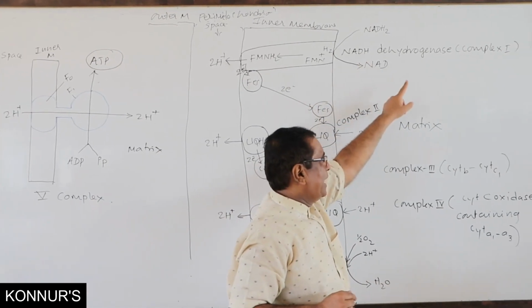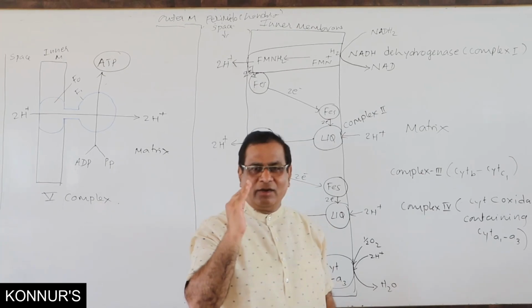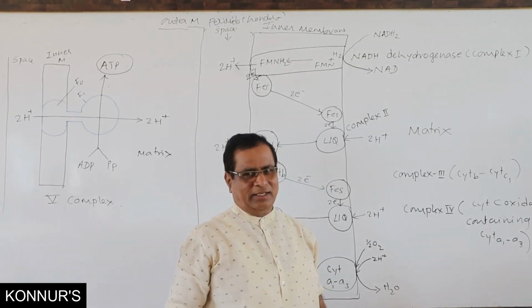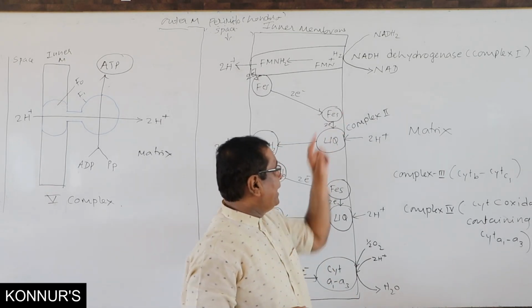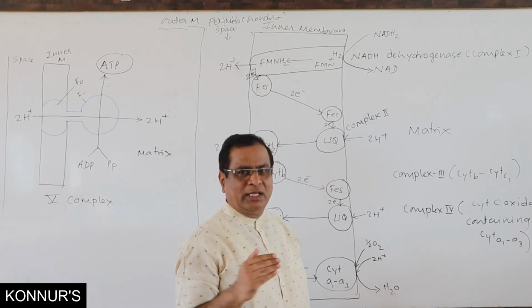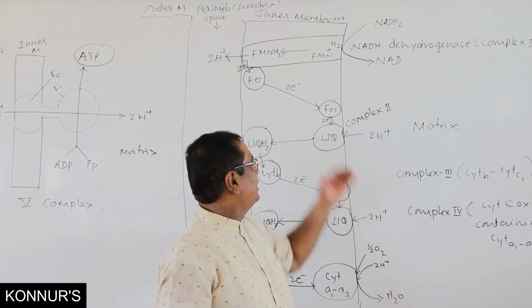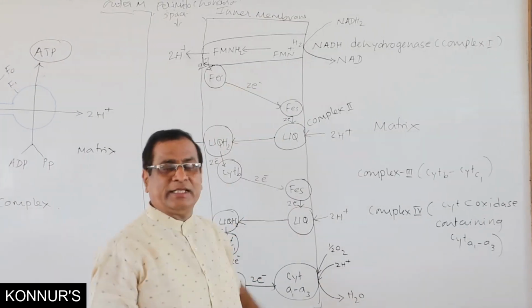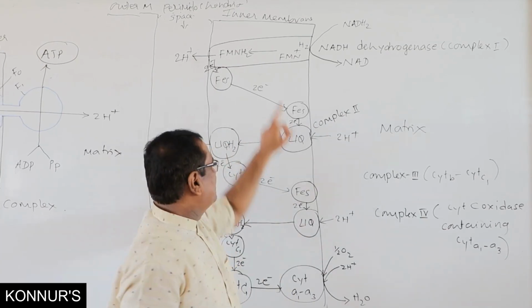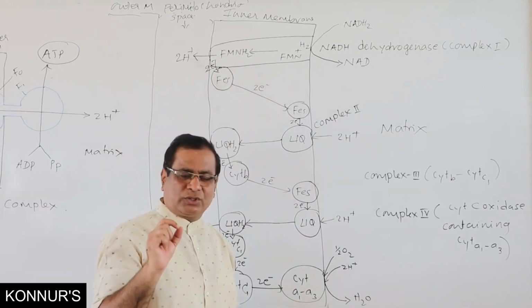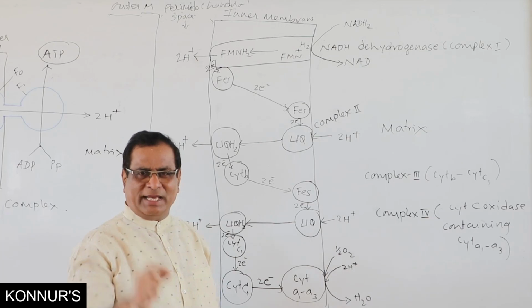NADH dehydrogenase is the first complex. In this first complex, what happens? NADH2 undergoes dehydrogenation. That hydrogen is received by flavin mononucleotide, which becomes reduced flavin mononucleotide.